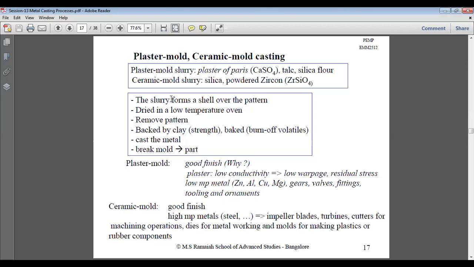So where we have to make parts with very good surface finish, they are made by plaster mold or ceramic mold casting.